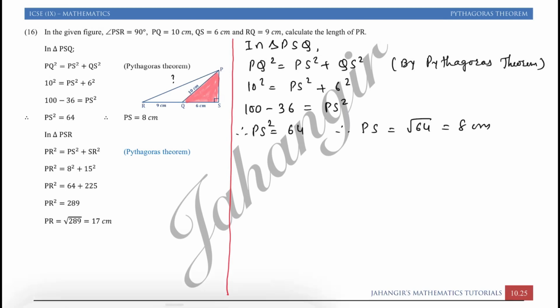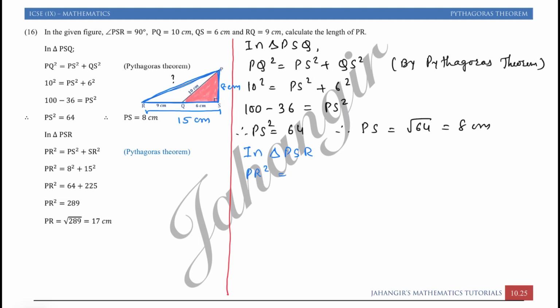Now I am going to take the full triangle, which I will mark with blue. I will take PSR, this triangle. In it PS I already got as 8 centimeter, and this whole side is 9 plus 6, that is 15 centimeter. Now I will take triangle PSR.